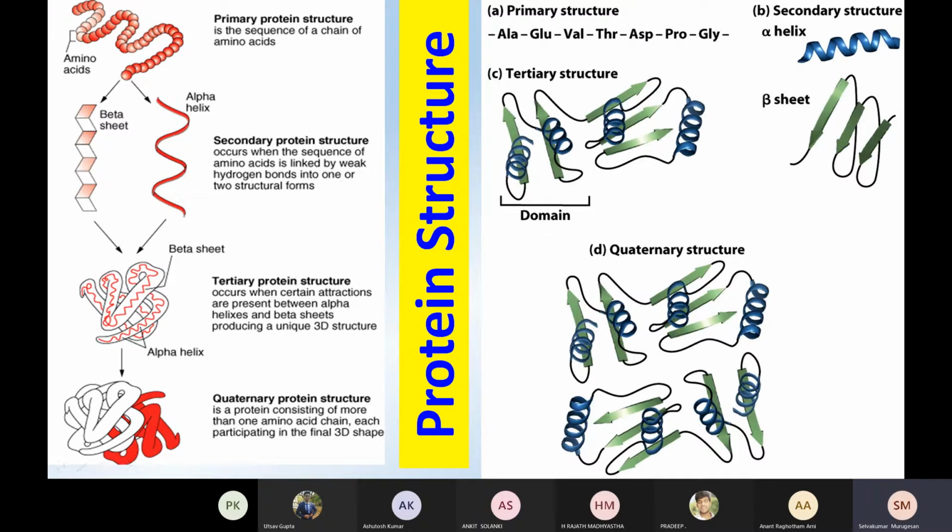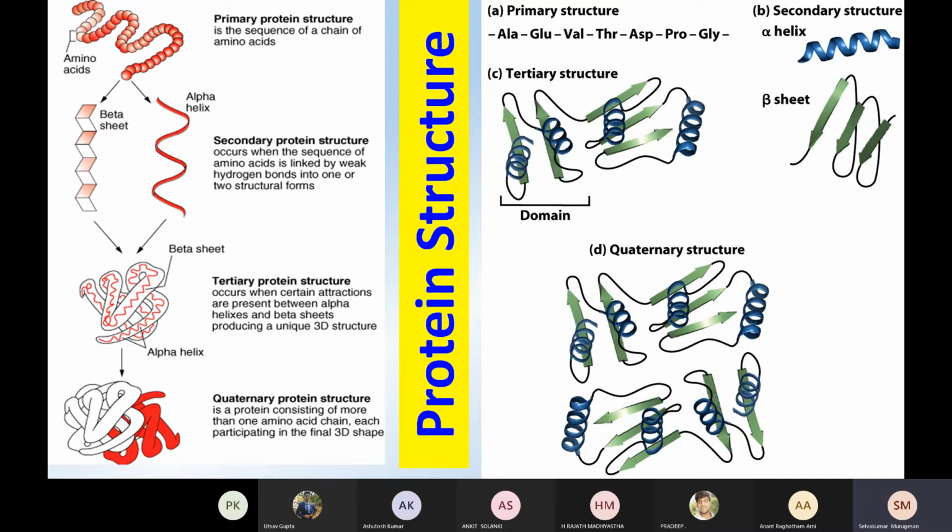It is due to the formation of weak hydrogen bonds into one or more structural forms. Because if you see the primary structure of your protein, they have different amino acids, and in between them you have peptide bonds. On top of that, there are changes in the charges in the main backbone, like they do have an N terminus and C terminus, etc. So once they interact with some solvent or water, what will happen?